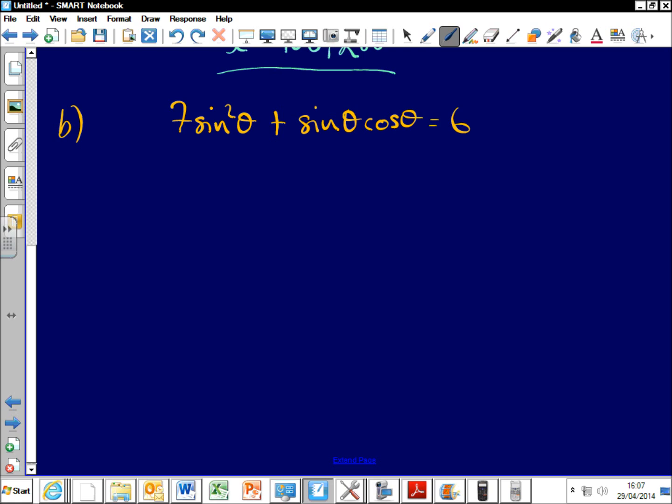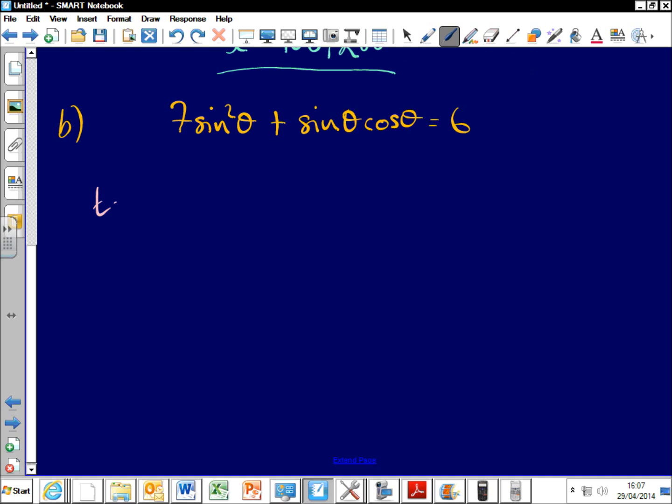It's got a sine and a cosine, but it says that you should be able to change it into just tans. Okay, so what's an obvious thing to try? There's kind of like an obvious first thing to do. Divide by cos squared would be a good idea, Callum, yeah? Okay. Now, when you've got something with sine and cosine in, you've got to use an identity.